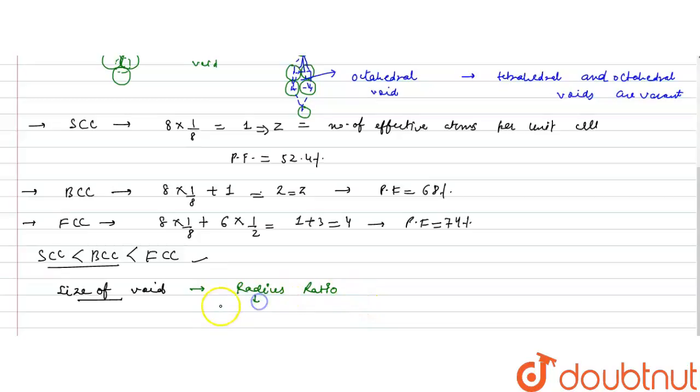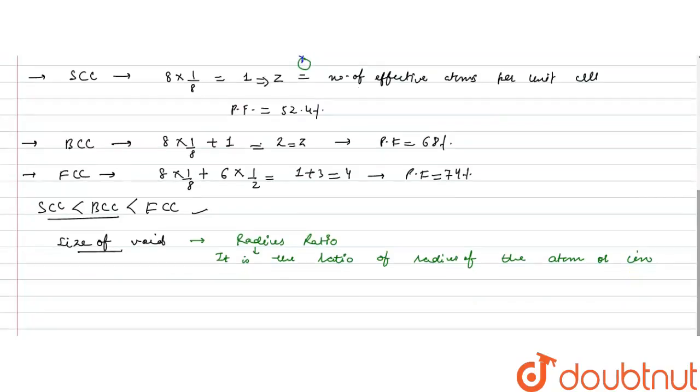Radius ratio is the ratio of radius of the atom or ion which can exactly fit into that void.